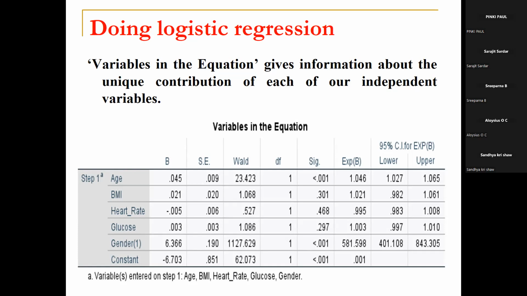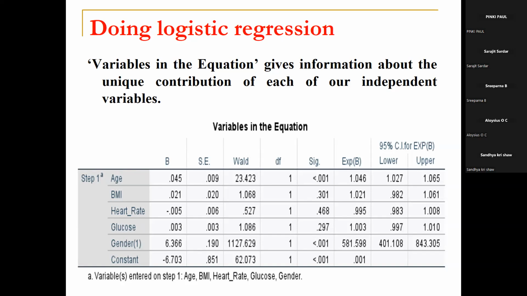So if you see age, the significance value is less than 0.001, which means it is less than 0.05. That means the age of a person has an impact on whether he has a heart disease or not. In linear regression, the unstandardized coefficient B is generally used to define the regression equation.